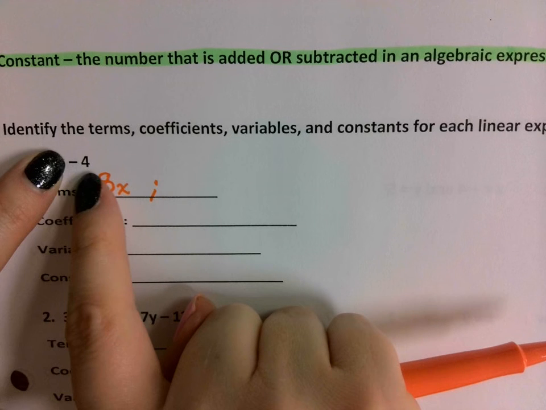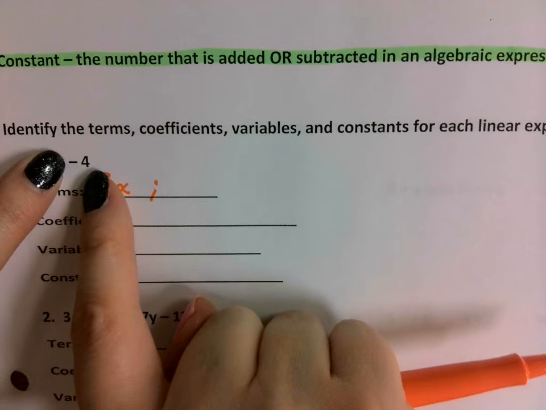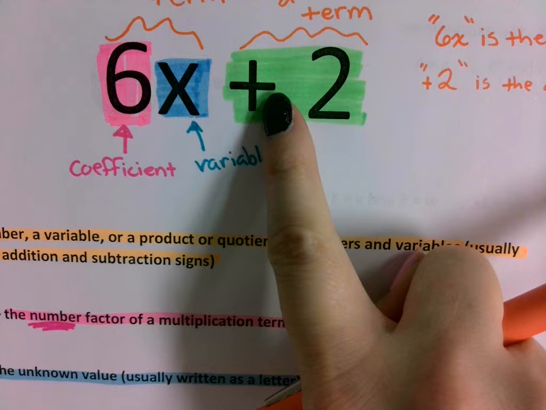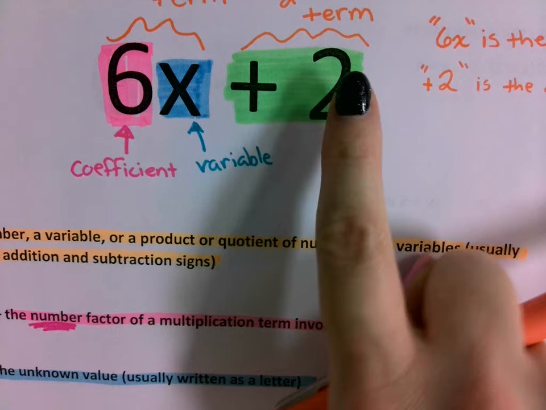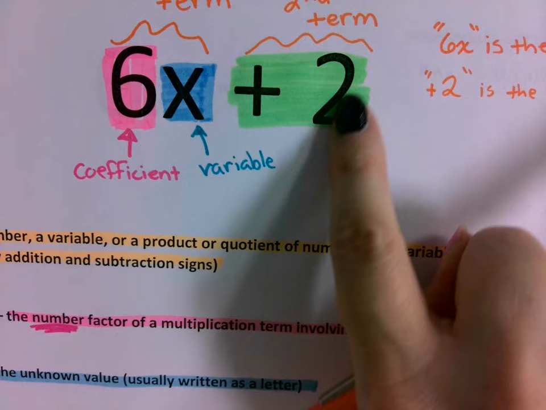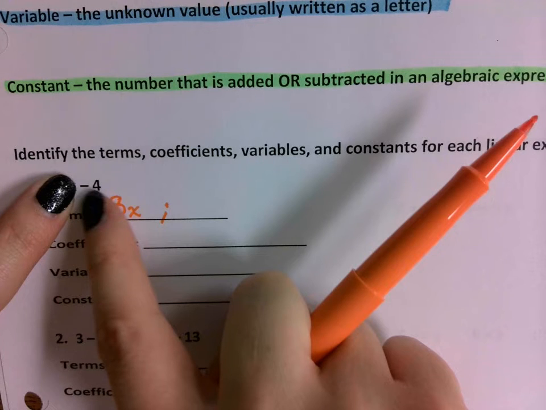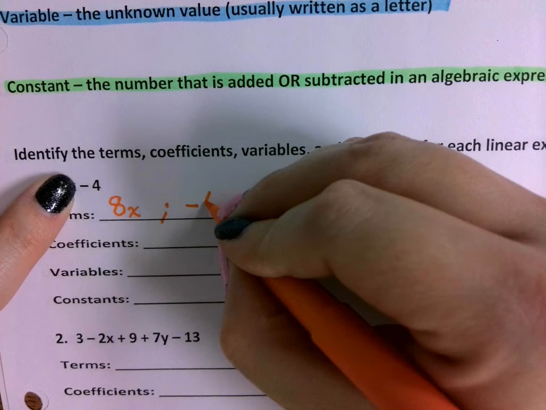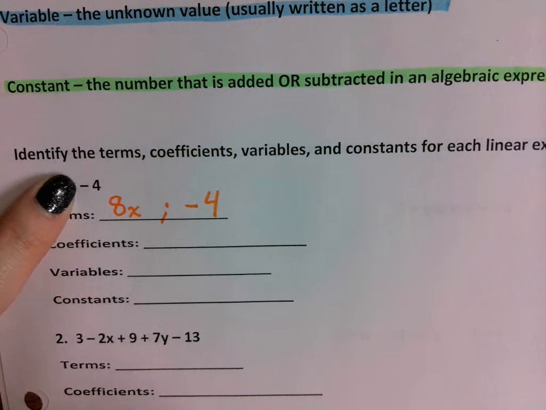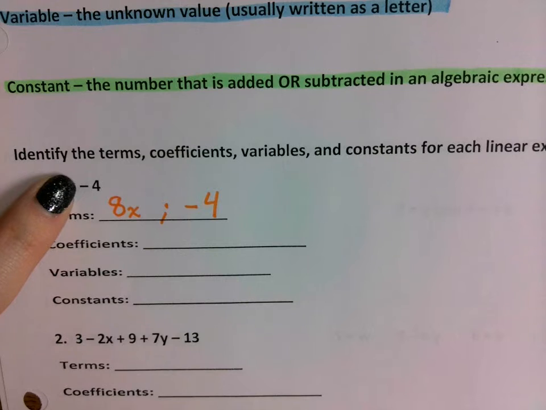Right here, see that plus 2? That plus 2 becomes a positive 2. That minus 4 becomes a negative 4. Those signs, those plus signs and minus signs mean something. They are not just operations anymore. They are signed values now.